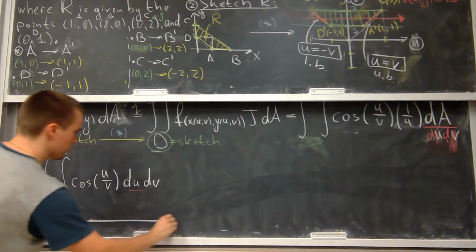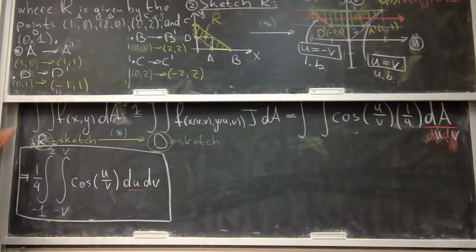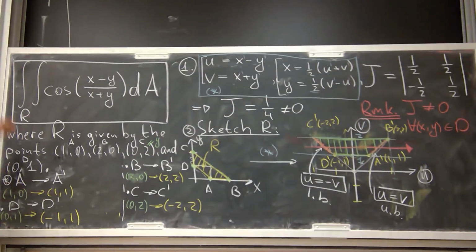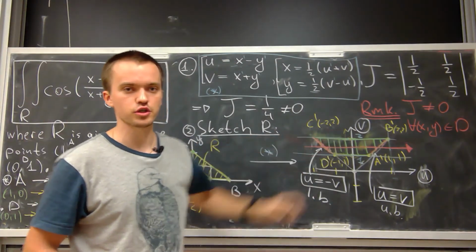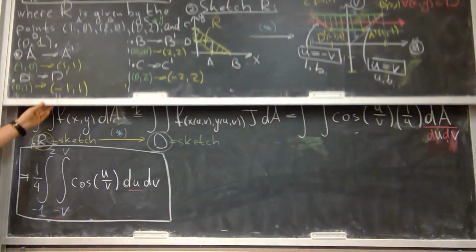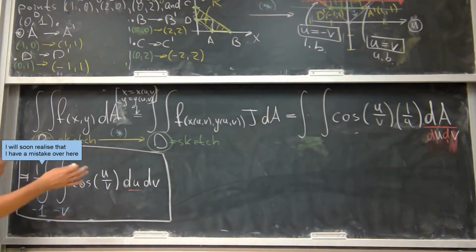Okay, and we got this beautiful integral. We started with a nice double integral, but with a really complicated function and a complicated region. Then by using this change of variables, I changed my region and corresponding functions, and I got this beautiful double integral that I can compute.